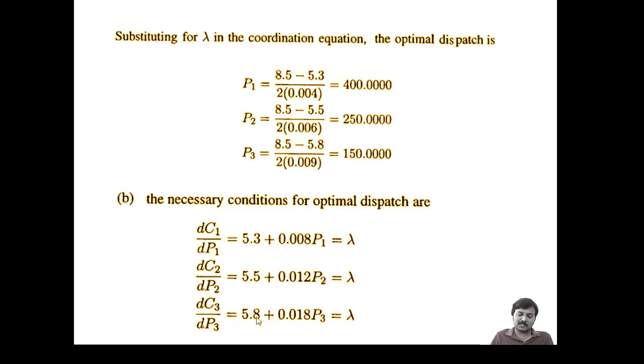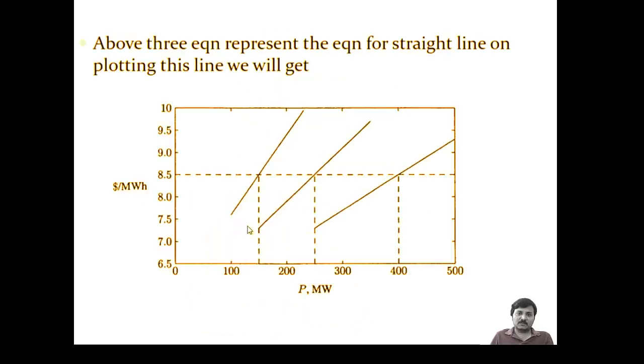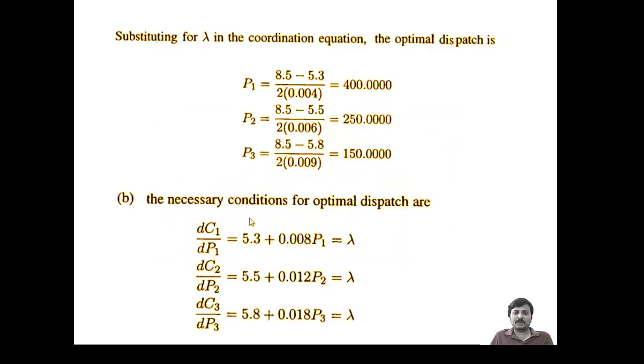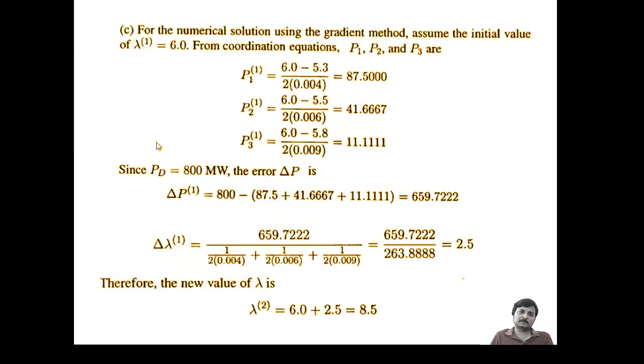Similarly, dC3 by dP3 is also equal to lambda, 5.8 plus its term. Now we draw the graphs for P1, P2, and P3, and draw a straight line at the lambda value 8.5. The points on the graph give the megawatt of the first generator, the second generator, and the third generator: 400, 250, and 150. You can get these from the graphical method.